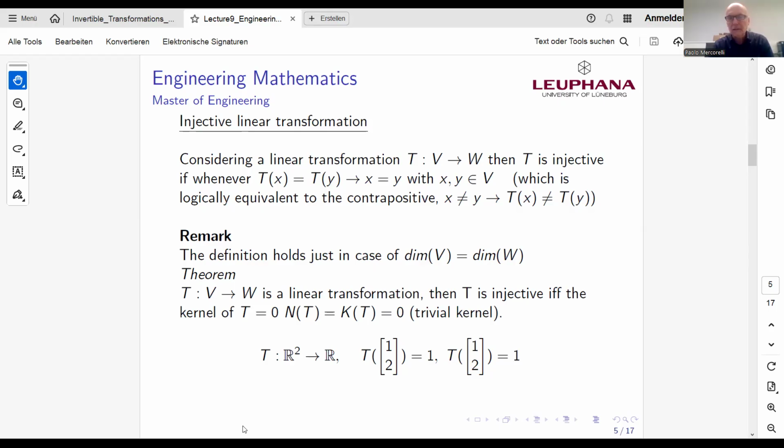One second. I'm looking for the material.